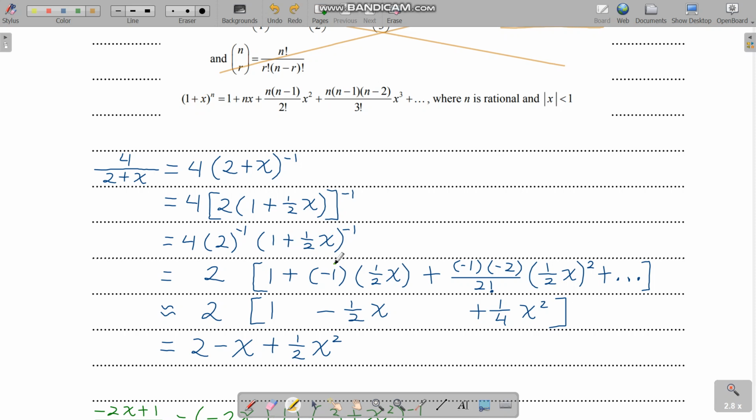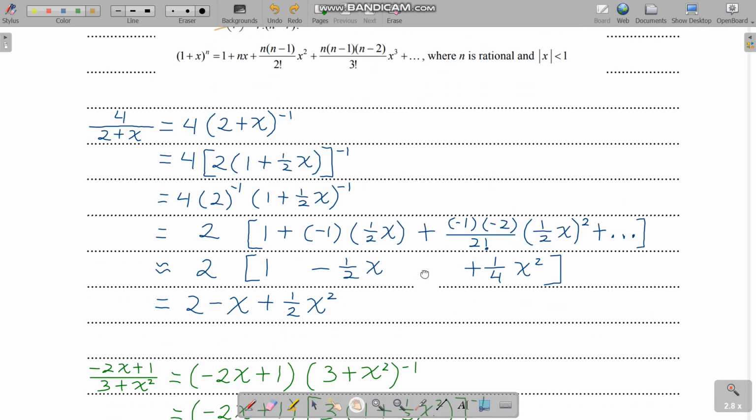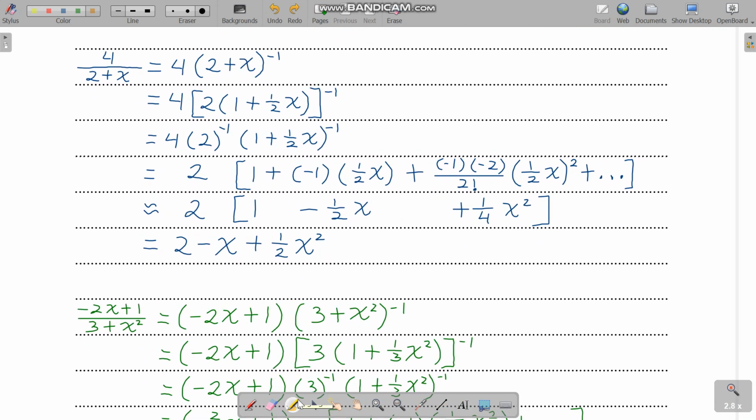So follow the formula. 1 plus nx plus this is n, this is n minus 1, this is the x, and we stop right here because we only need up to the x squared term, and then we simplify. Here we have minus 1/2 x, and here use a calculator.